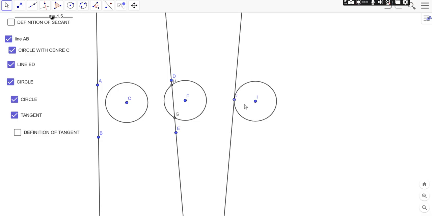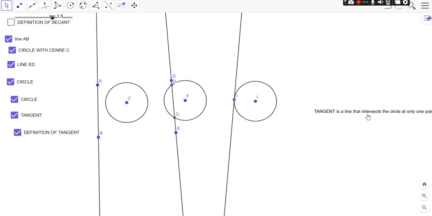So we can say the circle and the line have only 1 common point. Right? So the line, particularly this line which touches the circle at 1 point, is called a tangent to the circle. So let's define what we mean by tangent.